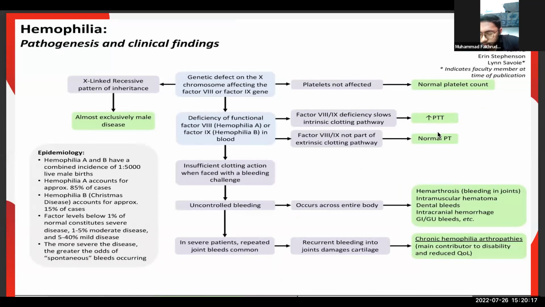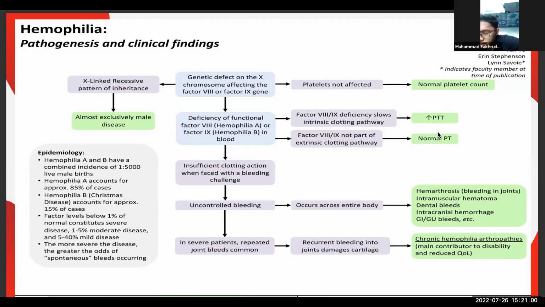As I mentioned, hemophilia is a genetic defect on the X chromosome that affects factor number 8 for hemophilia A and factor number 9 for hemophilia B. Since it is X-linked, it most commonly affects male patients. But in hemophilia patients, the platelet is not affected, so the platelet count will be normal. In hemophilia, there is a deficiency of functional factor number 8 and number 9.